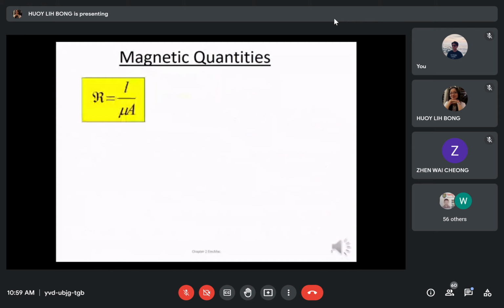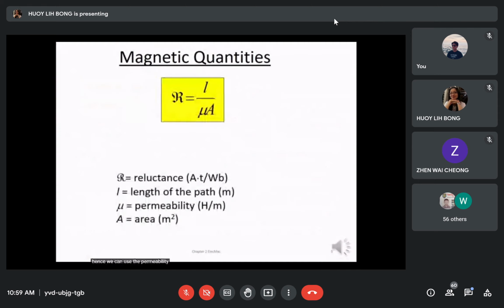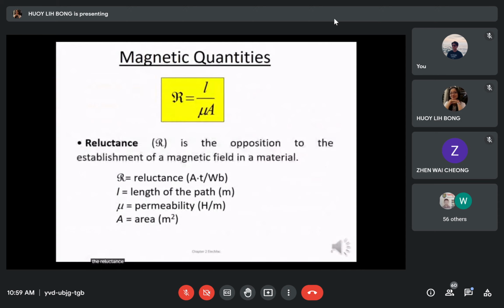Hence, we can use the permeability to find the reluctance, which is equal to length over mu A. The reluctance is defined as the opposition to the establishment of a magnetic field in a material.